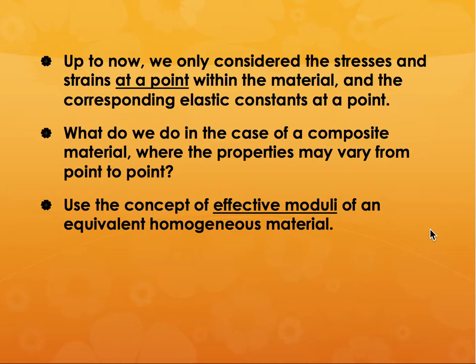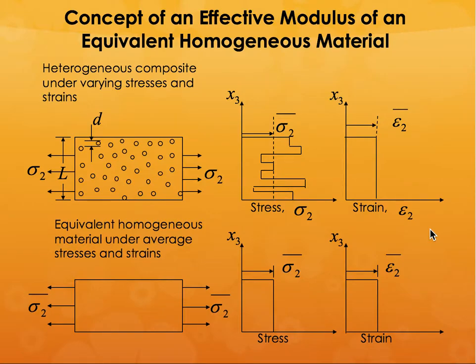Now, this is only in case you are looking at these properties at a single point. In a composite, these properties will vary from point to point. So you have to use the concept of effective moduli of an equivalent homogeneous material. This is a little complicated, so don't go too much into detail about that.